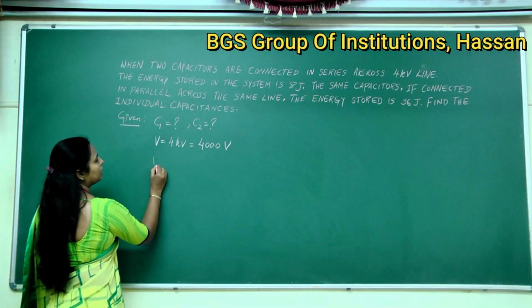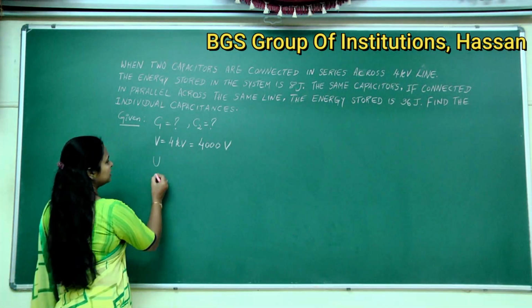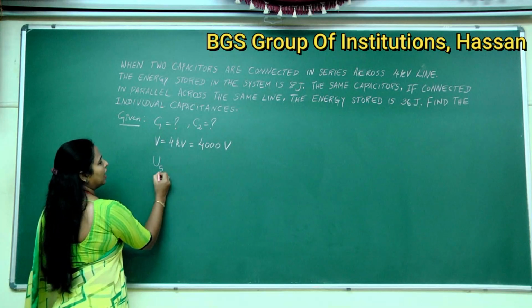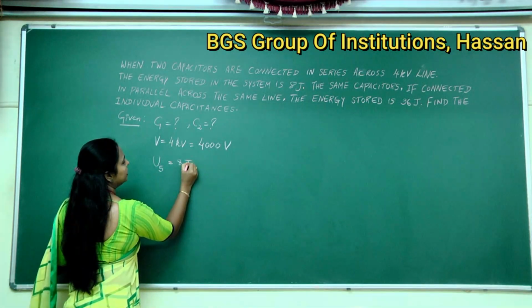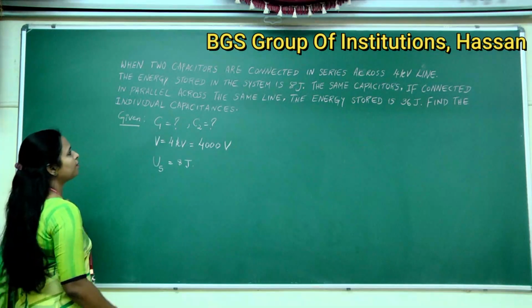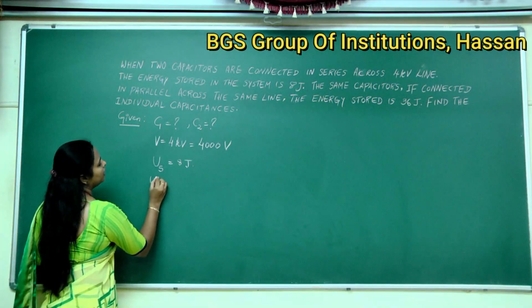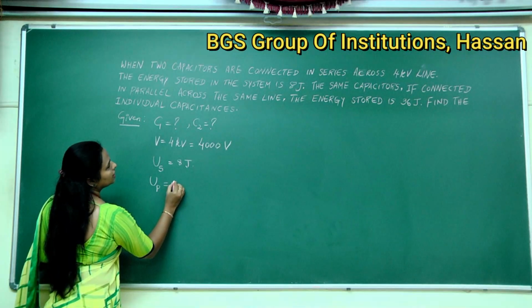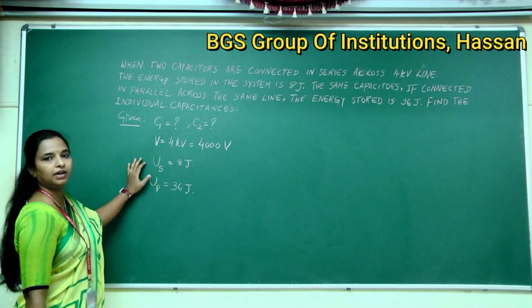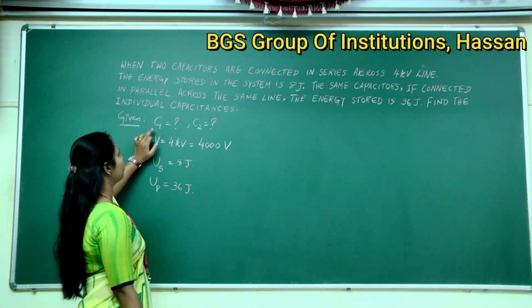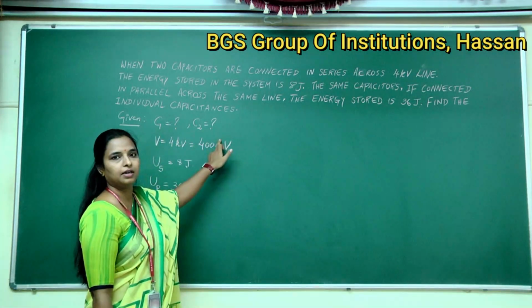The symbol for energy is U. Since it is connected in series, I will take it as US. US is equal to 8 joules. In the same way, UP is 36 joules. So these are the given data using which we are going to calculate C1 and C2.